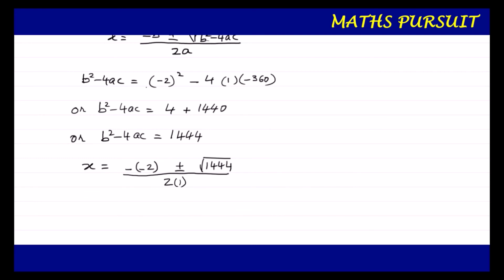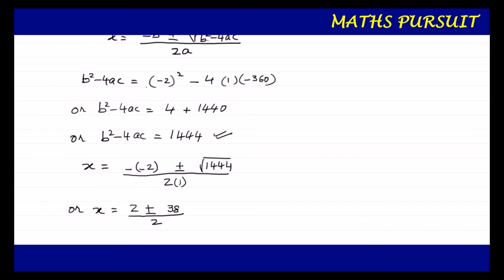Because here it is minus b plus or minus root over of b square minus 4ac, and we got the value of b square minus 4ac as 1444, so that is what I did. Or I can write x is equal to minus into minus, it became plus 2 plus or minus root over of 1444 is 38, upon 2.